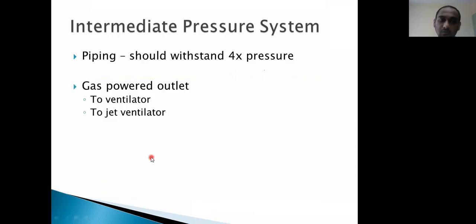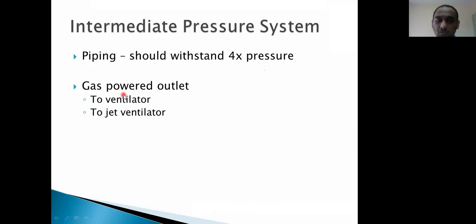So the piping is tested. It is supposed to withstand at least 4 times the pressure, that is up to at least 200 to 250 pounds per square inch gauge, to enhance the durability, and it has filters as well so that it does not get blocked. Then we have the gas powered outlet, which goes to the ventilator as well as the jet ventilator.